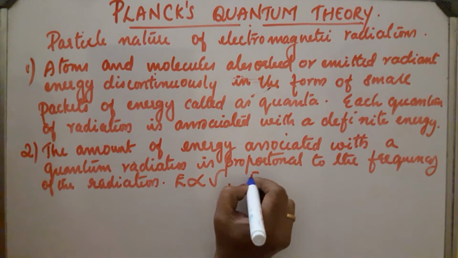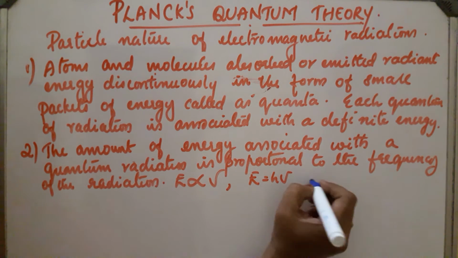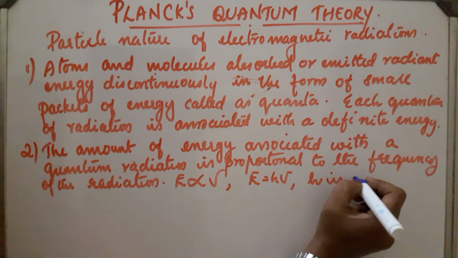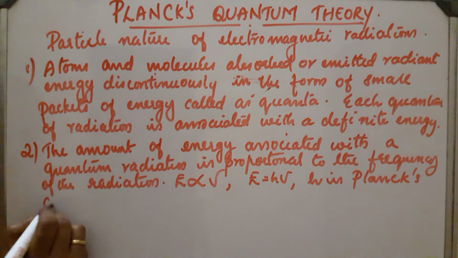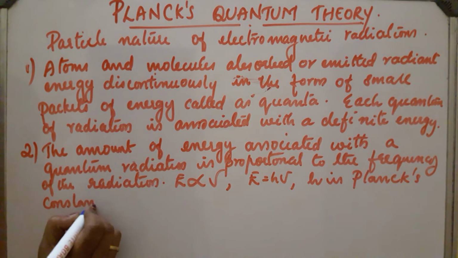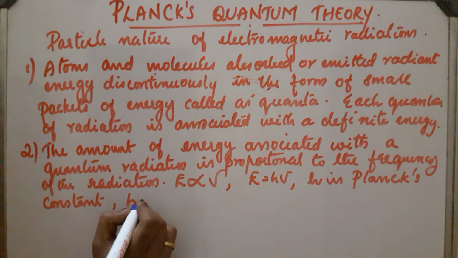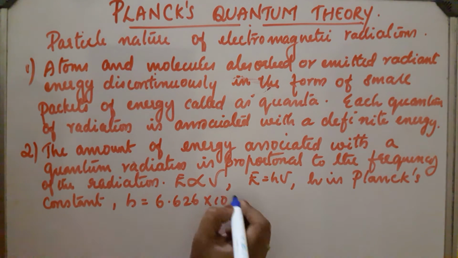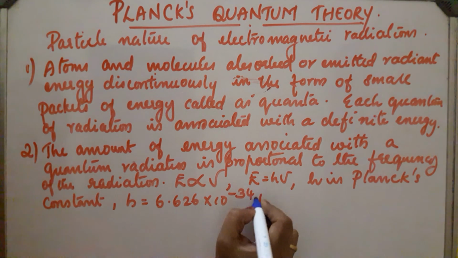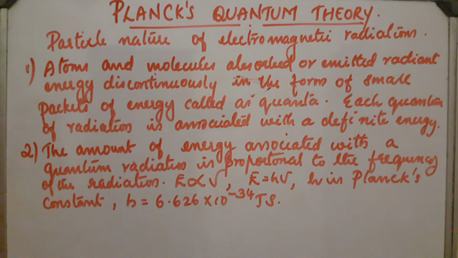Or E is equal to h nu, where h is called Planck's constant, and h is equal to 6.626 into 10 raised to minus 34 joule second. This is the second postulate.